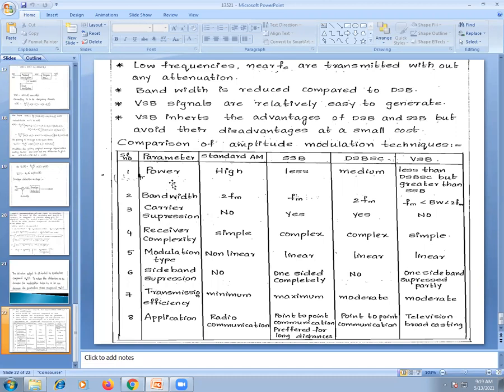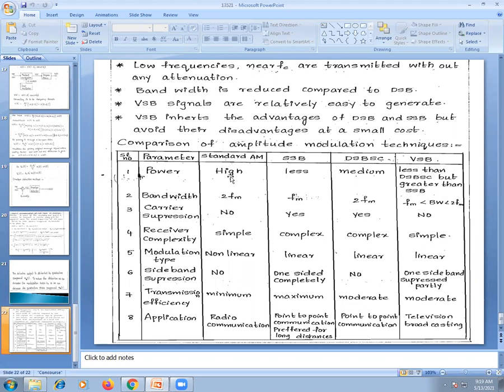By using the factors, we compare standard AM (DSB-FC), SSB, DSB-SC, and VSB. Power is one of the parameters. Power is high in the AM, less in the SSB, medium in the DSB-SC, and in the VSB it is less than DSB-SC but greater than SSB. The second one is bandwidth.